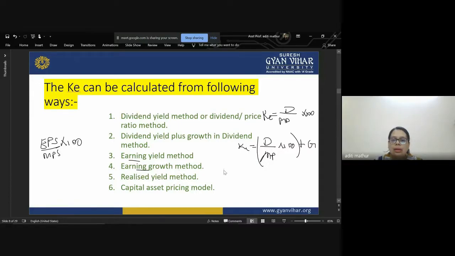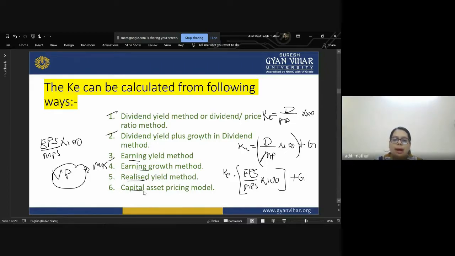Earning growth: KE equals EPS divided by MPS into 100, added with the growth rate. In the realized yield method, we use net proceeds instead of MPS in all the above formulas.